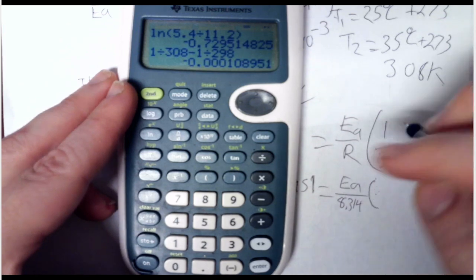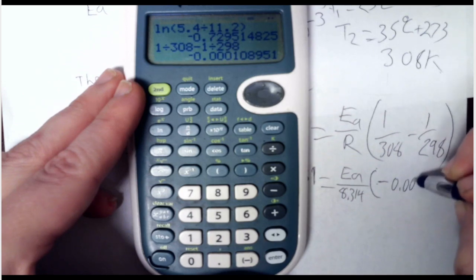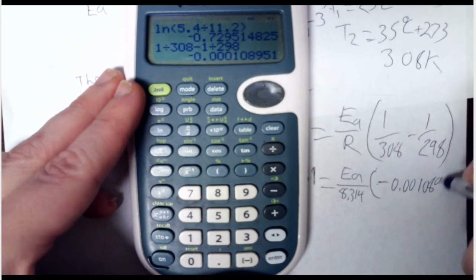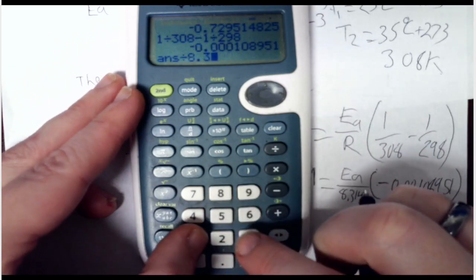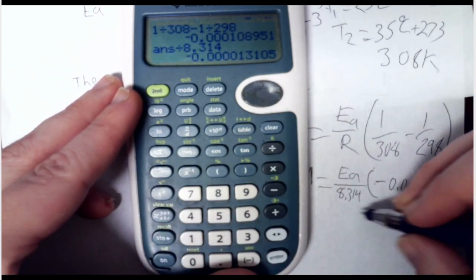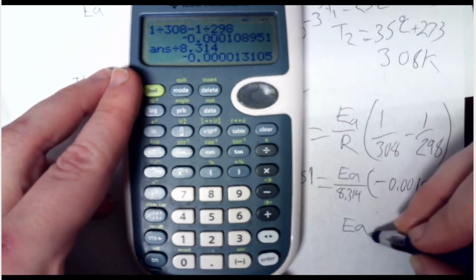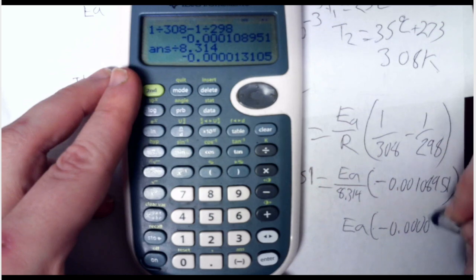Then I'm going to divide that by 8.314, negative 0.30108951 divided by 8.314. That goes even further, so E sub A is negative 13105.